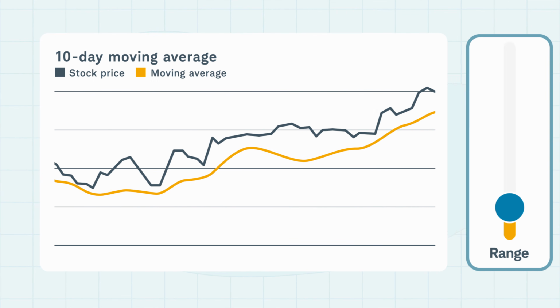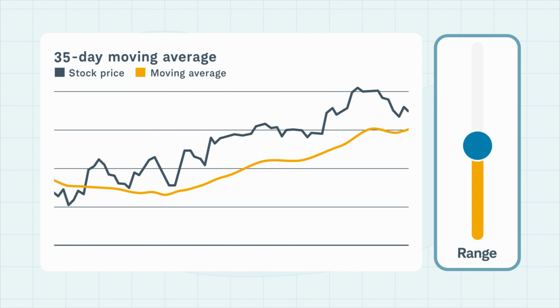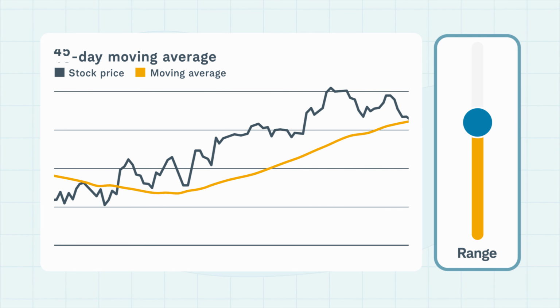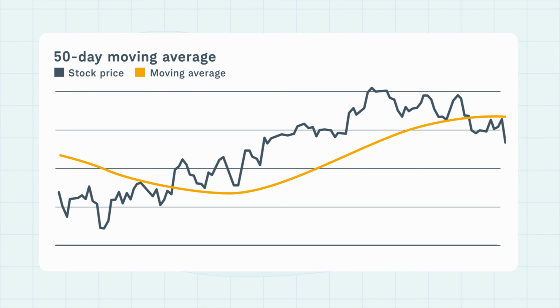This indicator averages the stock's price over a period of time and plots it as a line, which can help determine the overall trend. Moving averages can be calculated for any period of time, but one of the most common is 50 days. So, what does a moving average tell you about an investment? Imagine a stock's price crosses above its 50-day moving average.